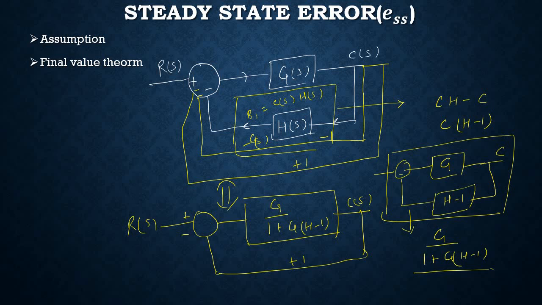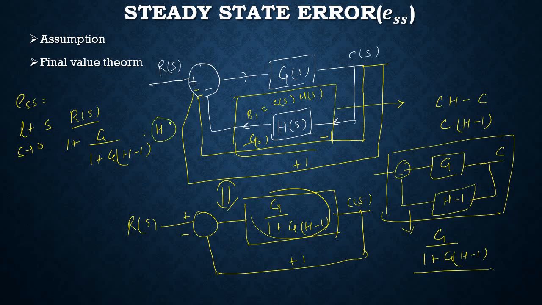So you just need to make sure when you calculate the error, the error will come out to be limit s tends to 0, s times E(s). What is E(s)? R(s) over 1 plus G(s)H(s), but in this case G(s) is replaced with G over 1 plus G(H minus 1), and H in this case is unity, so you can take it as equal to 1.